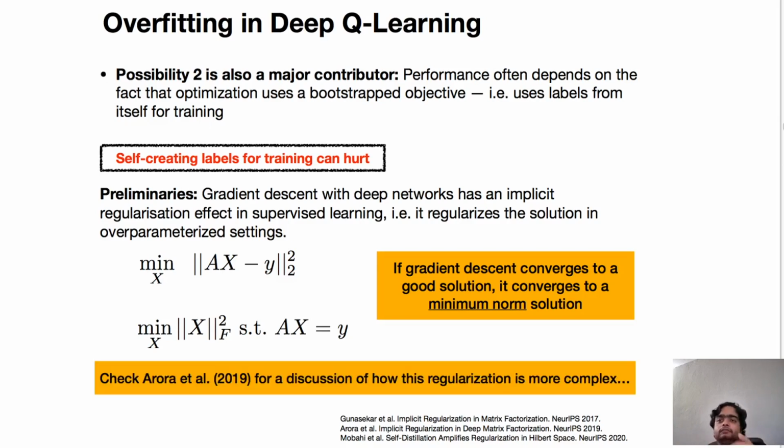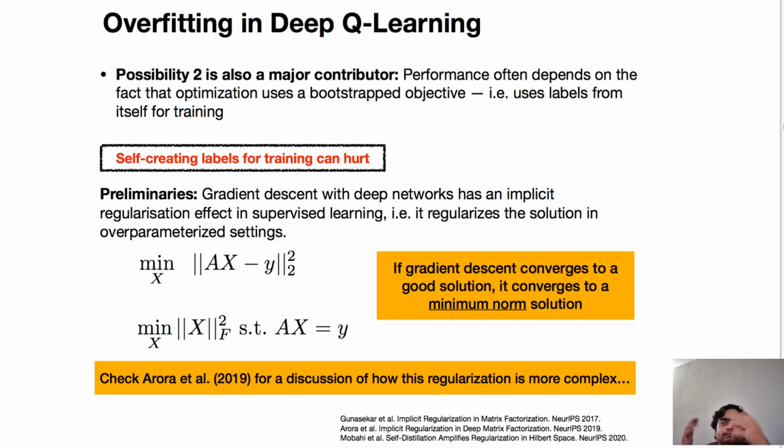If you're interested, you should also check out other papers on how this regularization effect is not as simple as just Frobenius norm in deep neural networks. When you have more layers in your deep neural network, you will get regularization that looks a lot like rank regularization, where some notion of rank of this matrix X would be small. There's a lot of discussion there, and I'll skip that because that's not really the main point here.